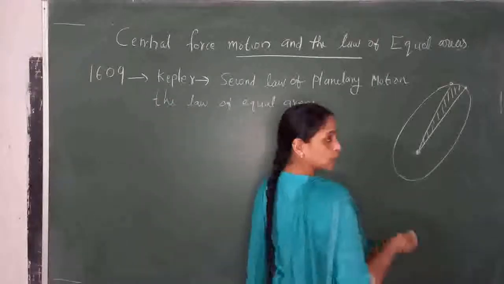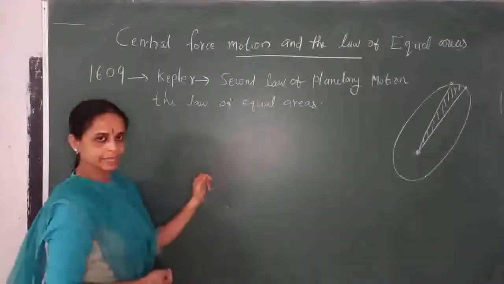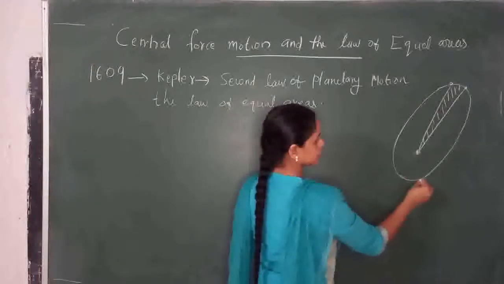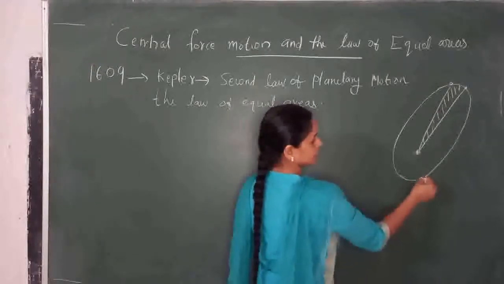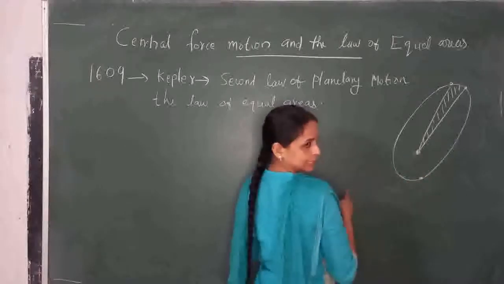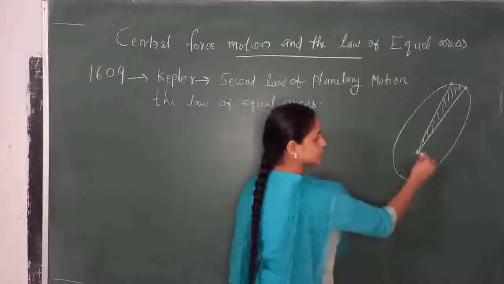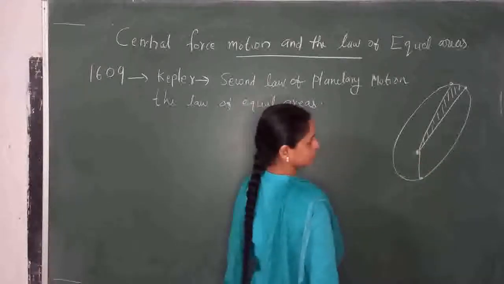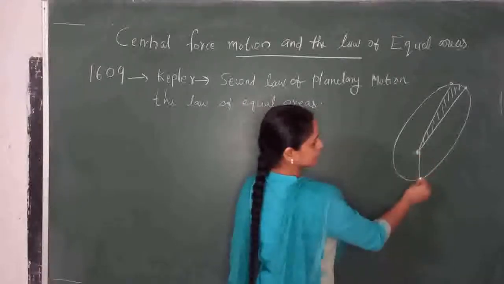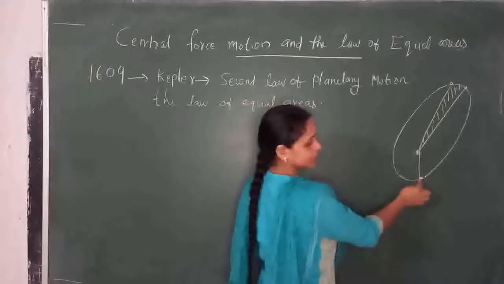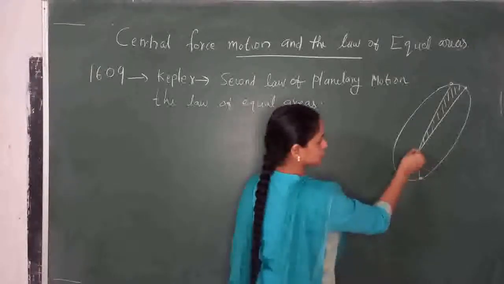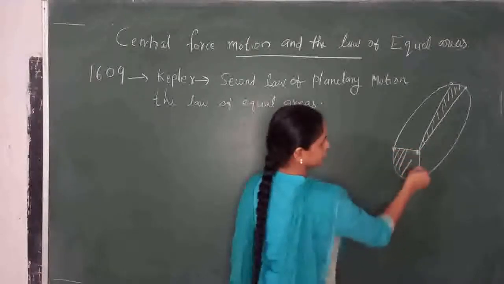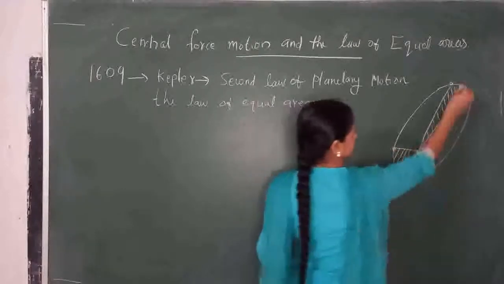According to the law of equal areas, if the planet is at some position here at a given time, then after a delta t time, the area swept by the radius vector should also be the same. So at a particular time the planet is here, then after delta t time it should reach a position such that this area is equal to this area.